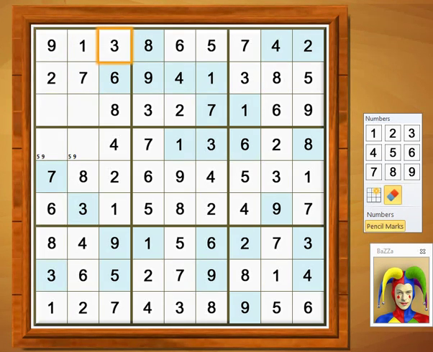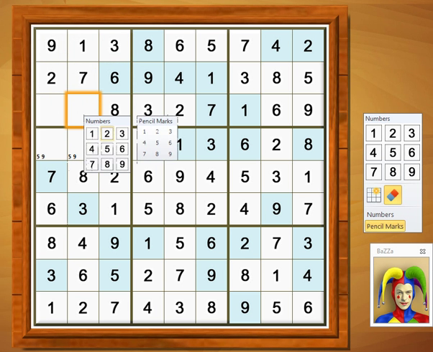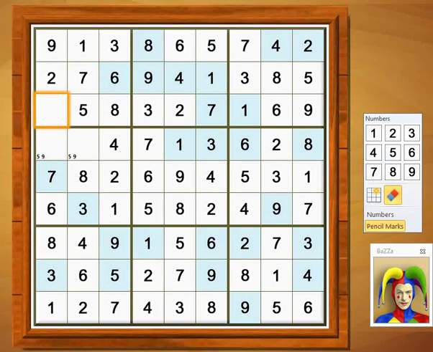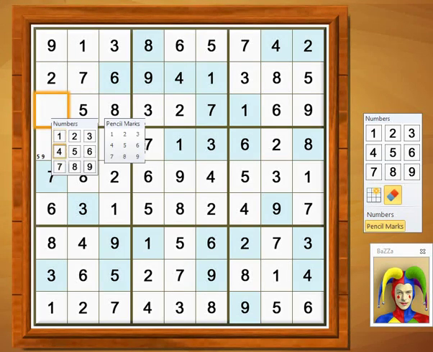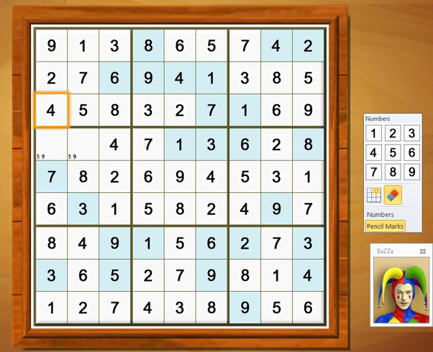Then we've got 1, 2, 3, so we're needing 4 and 5. Again, we've got 4, 5, and the 4. And you can see here we have the 9, so that's going to be our 5. And this one here is going to be our 9.